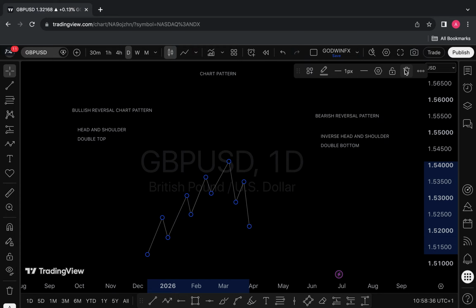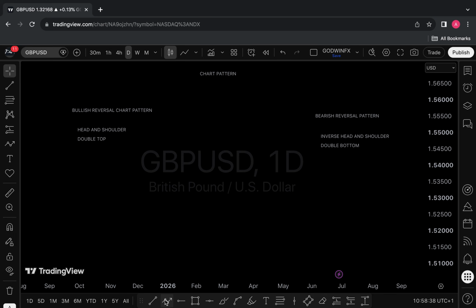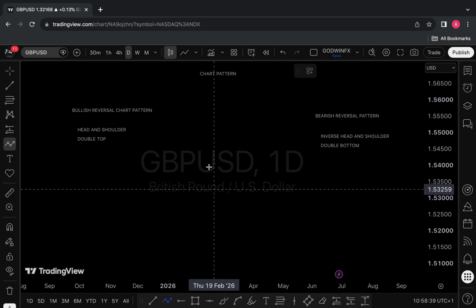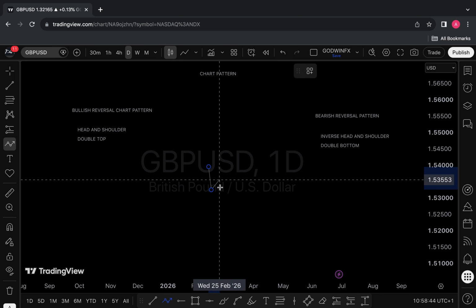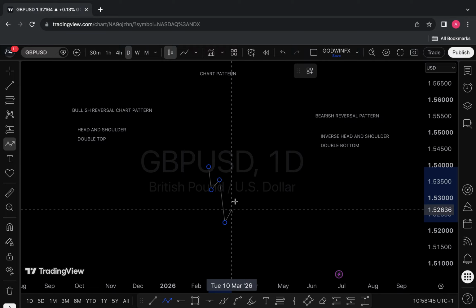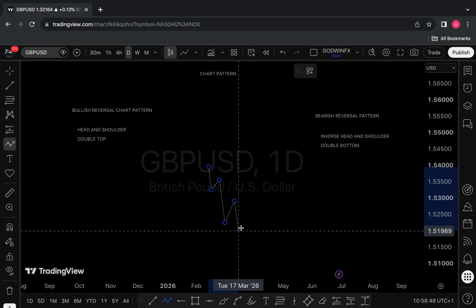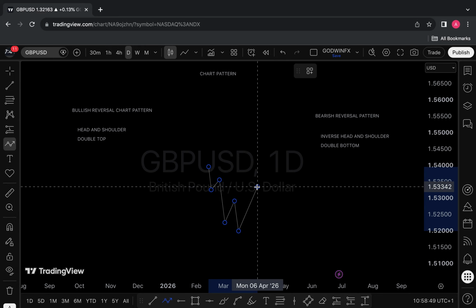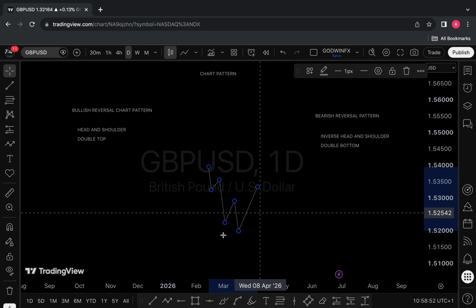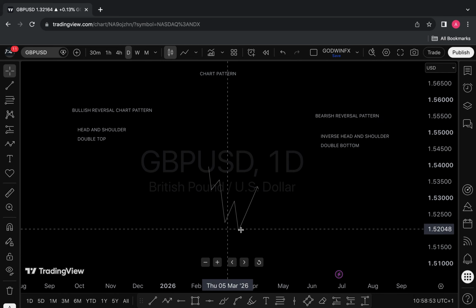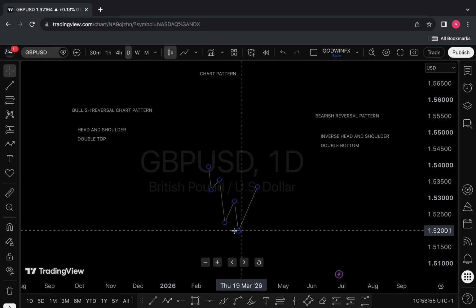Same thing for a downtrend. The market cannot be bearish forever, so it is going to get to a point where the trend will change, and what causes that change of trend in most cases is a chart pattern.